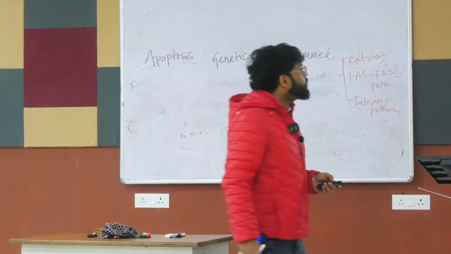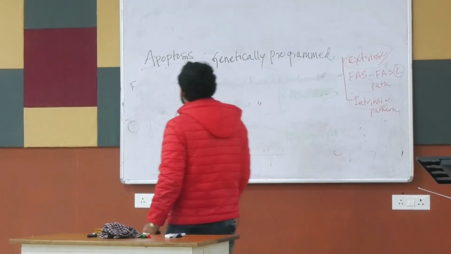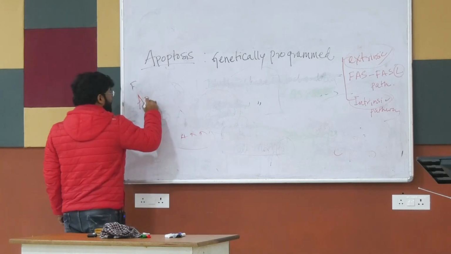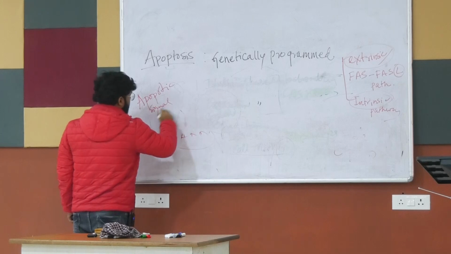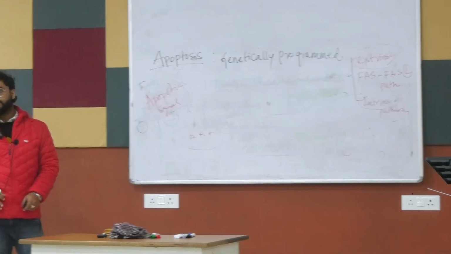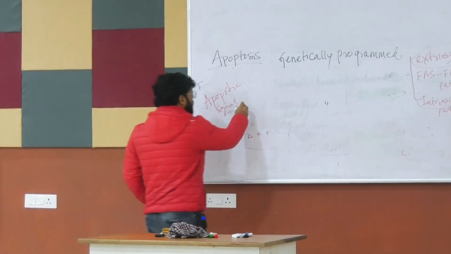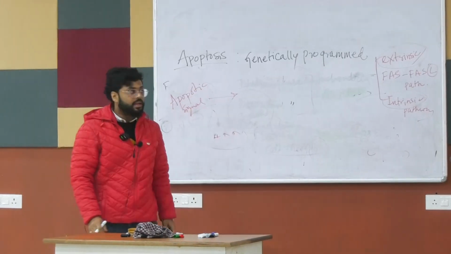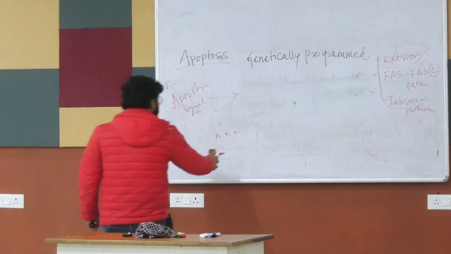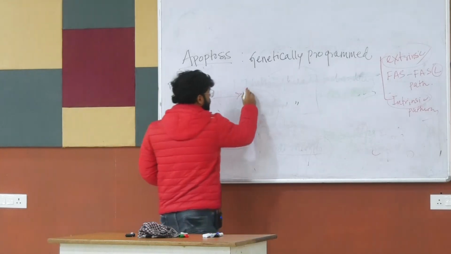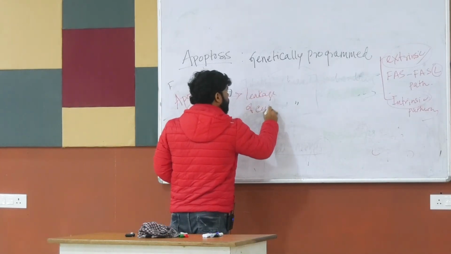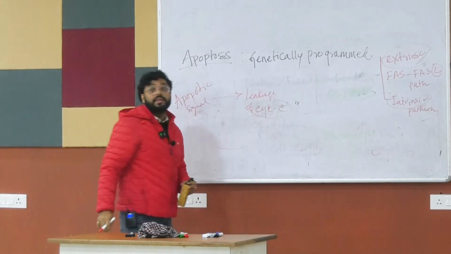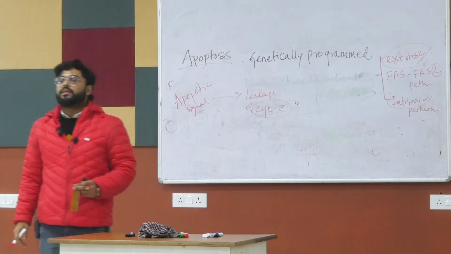Okay. So when the apoptotic signal is coming from within the cell, there is going to be leakage of cytochrome C from the inner membrane of mitochondria.